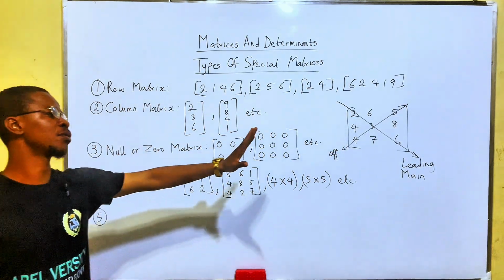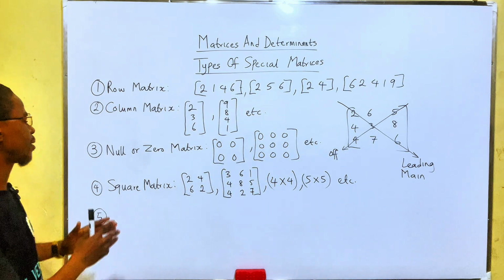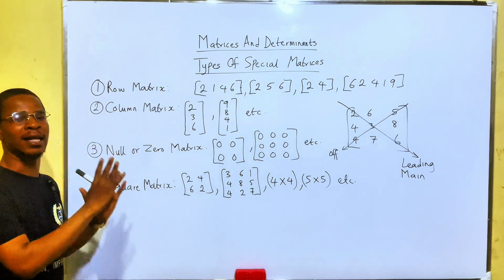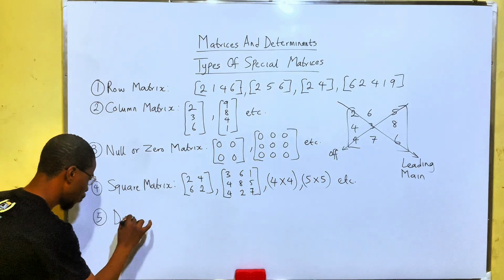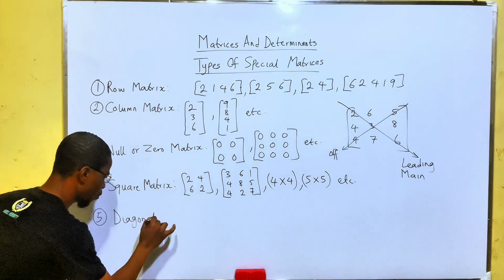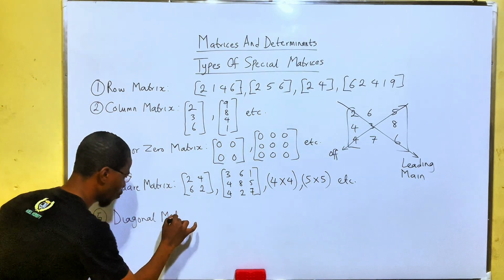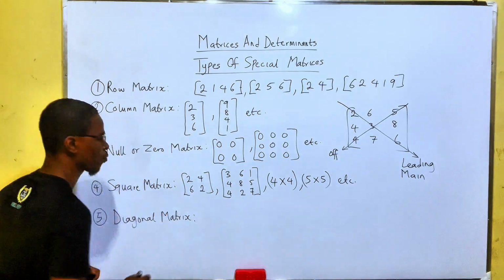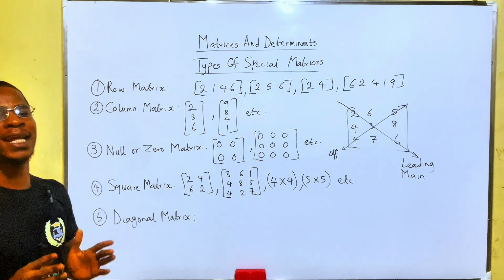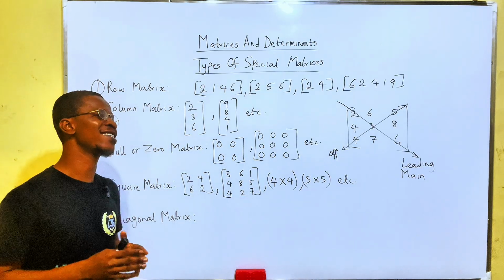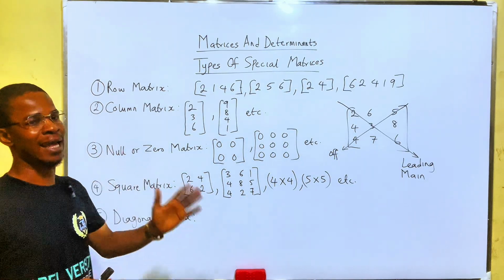So I'm teaching you this because you need to know this to understand the diagonal matrix. Now, for a diagonal matrix, every other element is 0 except that of the leading diagonal.